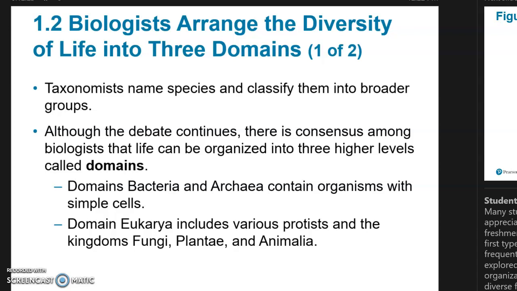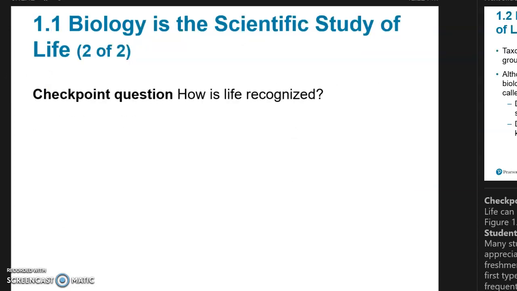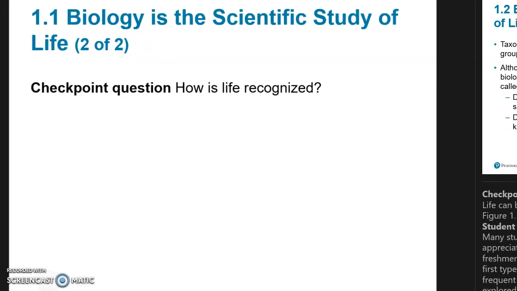Well, they have simple cells, also known as what? So they're prokaryotes, so they don't have true nuclei. We'll get into this in detail later, but they're prokaryotes, so they don't have true nuclei. They're a little bit more simple in their structure. And then the whole domain eukarya has eukaryotic cells, so they're eukaryotes.